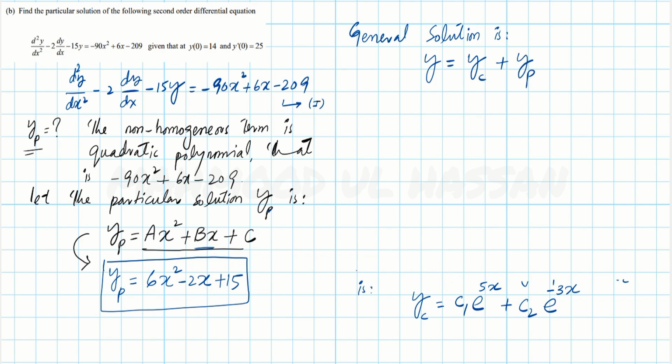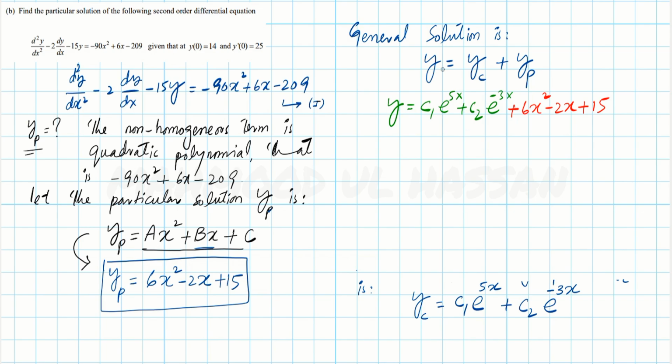Just putting the values here. So y is equal to, what is my complementary solution? That is c1 e raised to the power 5x, plus c2 e raised to the power minus 3x, and then the particular solution is plus 6x squared minus 2x plus 15. So this is the general solution, right?